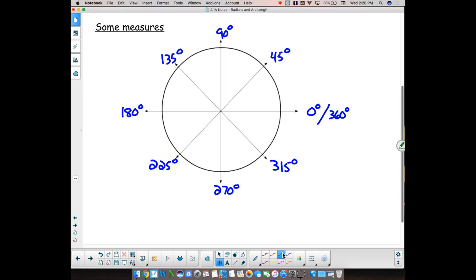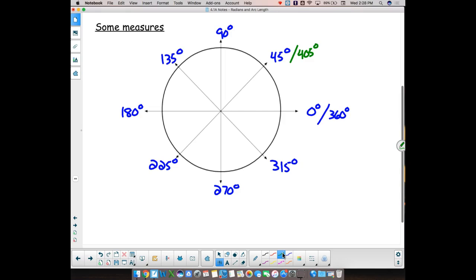It couldn't be 315, no. But it could be 405 degrees. Right? Think merry-go-round. If I start here on the merry-go-round, and I go around the circle, and now I stop, I've gone 360 once, and then 45 more gets me 405.